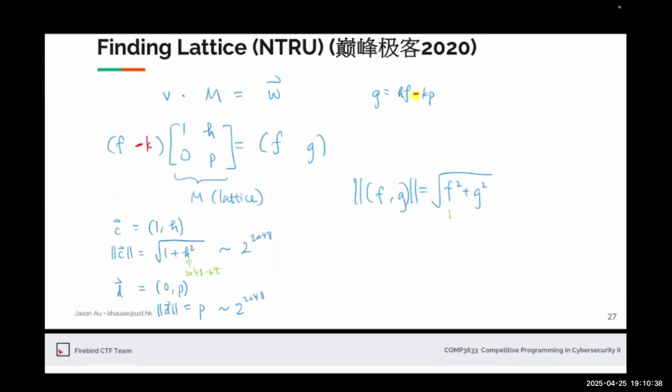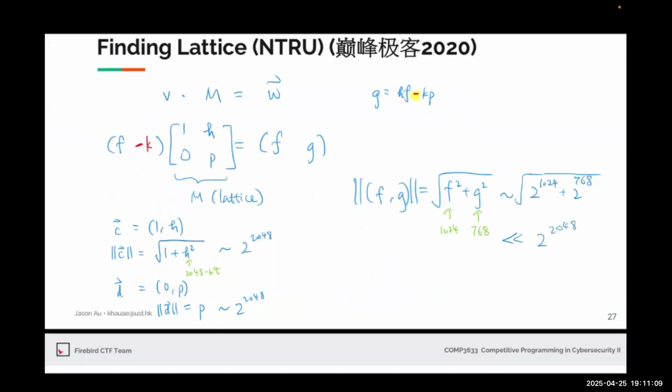So this must be something like 2 to the power 1024 plus 2 to the power 768, which is far less than 2 to the power 2048.